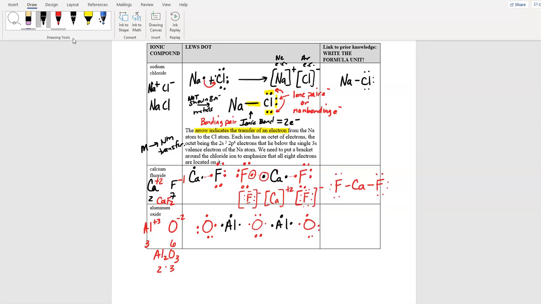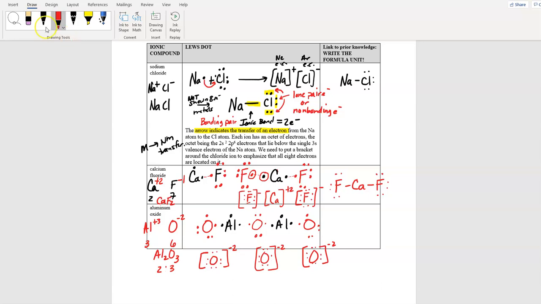So they're going to lose and gain. So the oxygen, he will complete his octet and have 8, but he's going to gain 2. And this oxygen, same thing, and gain 2. And this oxygen, gain 2.